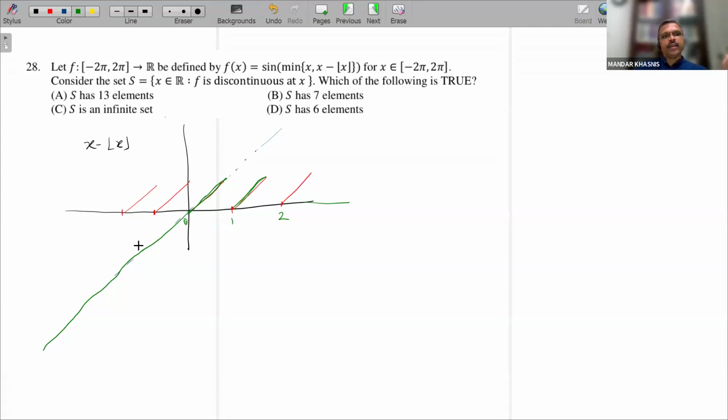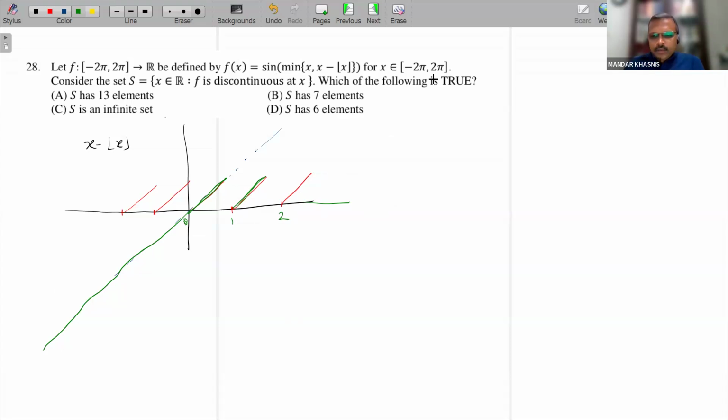The sine of this will be simply sine x up to 1. After 1, it is going to become discontinuous. Sine of this is something like a sine x curve, and you will have discontinuities at every integer up to 2 pi.